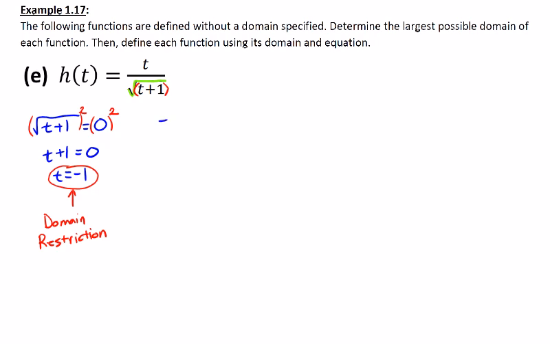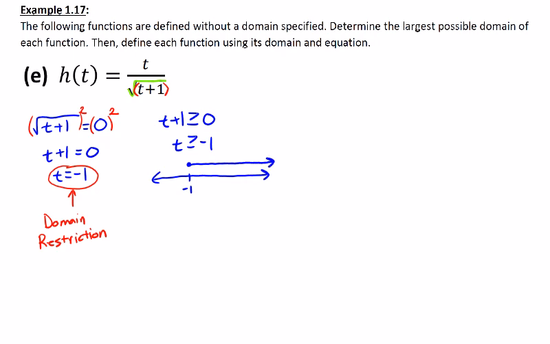So we're supposed to take the t plus 1 and make it greater than or equal to 0. Solving that, I'm just going to subtract 1 from both sides, and I will get t is greater than or equal to negative 1. So from that number line perspective, that is saying that I want a closed boundary at negative 1, and then I want everything to the right.